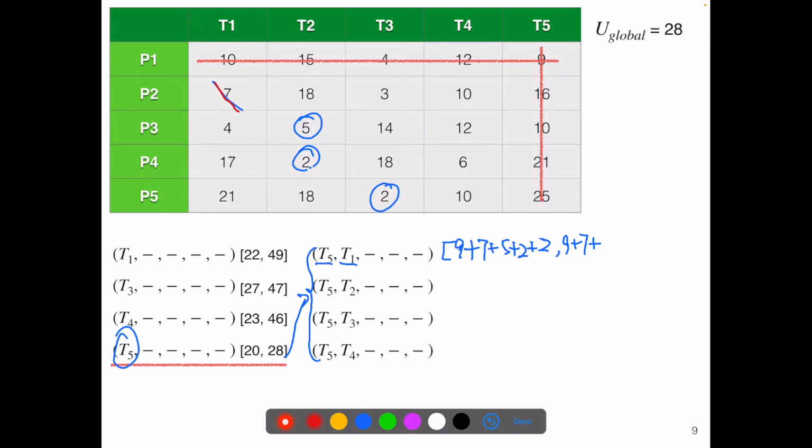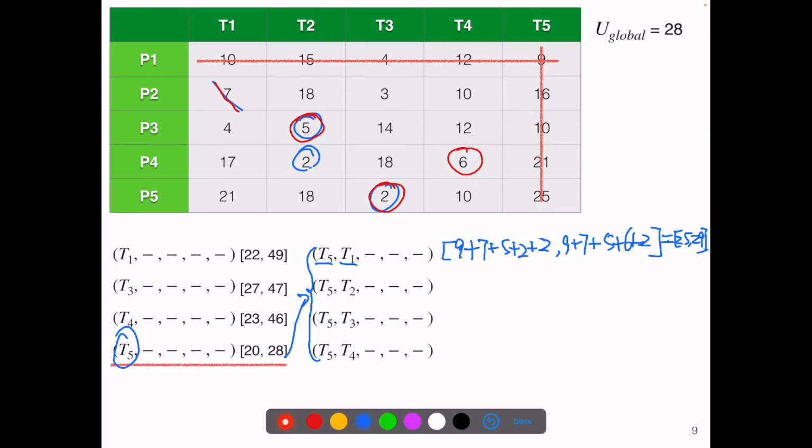After we have assigned T1 to P2, now we assign T2 to P3, and then we are left with T4 assigned to P4, and then T3 assigned to P5. So this feasible future cost would be plus 5, 6, and 2. This will give us a bound of 25 and 29.